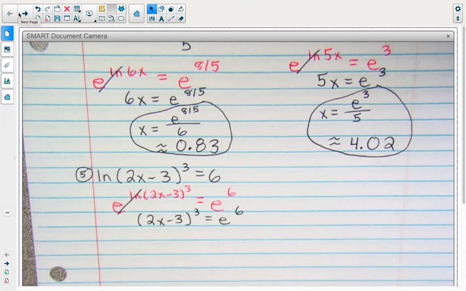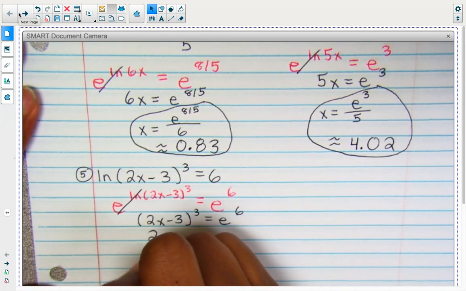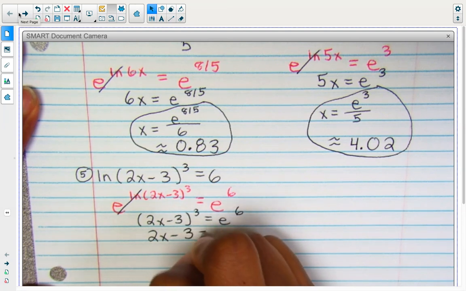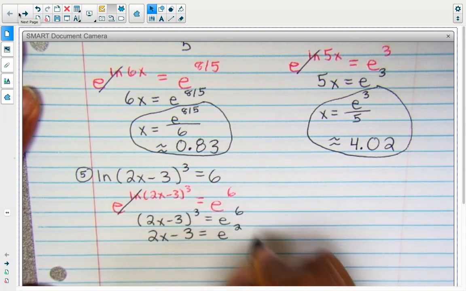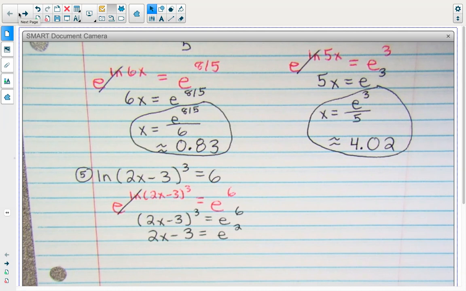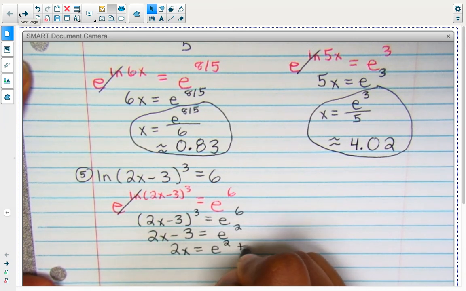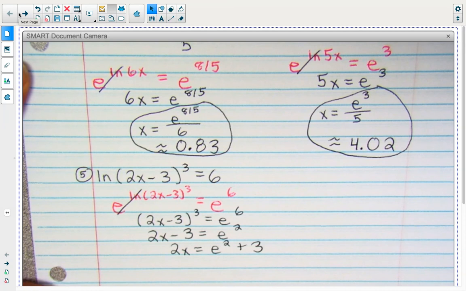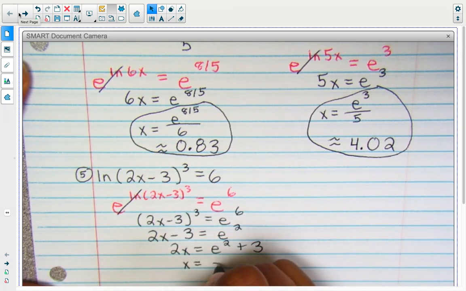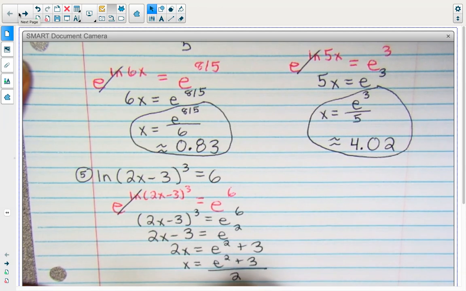From here, I can take the cube root of both sides and we can cancel some things out. It's going to give me 2x minus 3 is equal to e squared. So I canceled out some of the exponents there. From here, I can add 3 and divide by 2. So x equals e squared plus 3, all divided by 2.